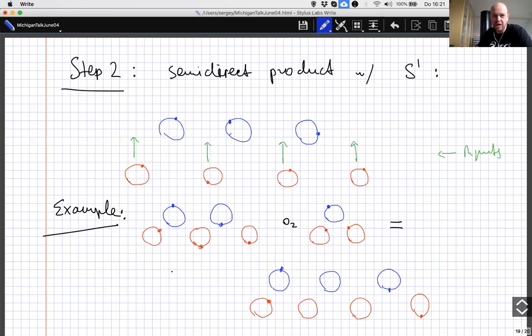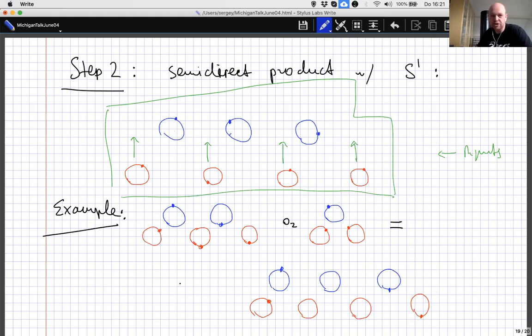So I'm thinking about an operation of arity 4 in this case. Before, I just had the bulk part, these 3 circles that tell me roughly speaking the configuration of disks. And now at each input, I add an artificial circle, which is a sort of framing on the corresponding disk. So algebraically speaking, I take a semi-direct product of this topological operad with S1.